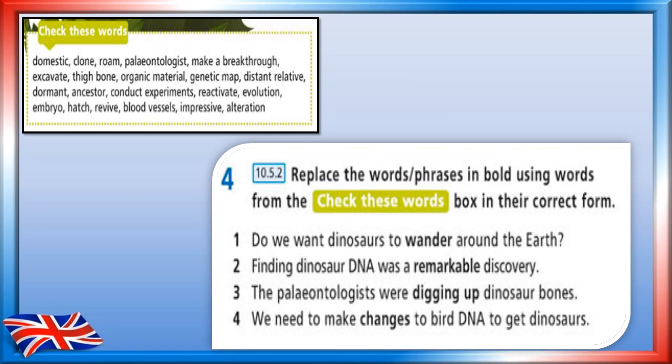Finding dinosaur DNA was a remarkable discovery. 3. The paleontologists were digging up dinosaur bones. 4. We need to make changes to bird DNA to get dinosaurs. Thank you very much.